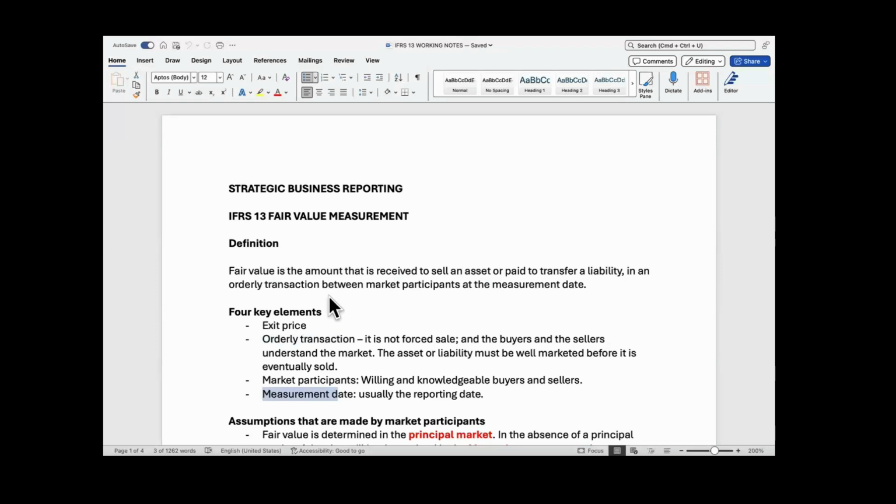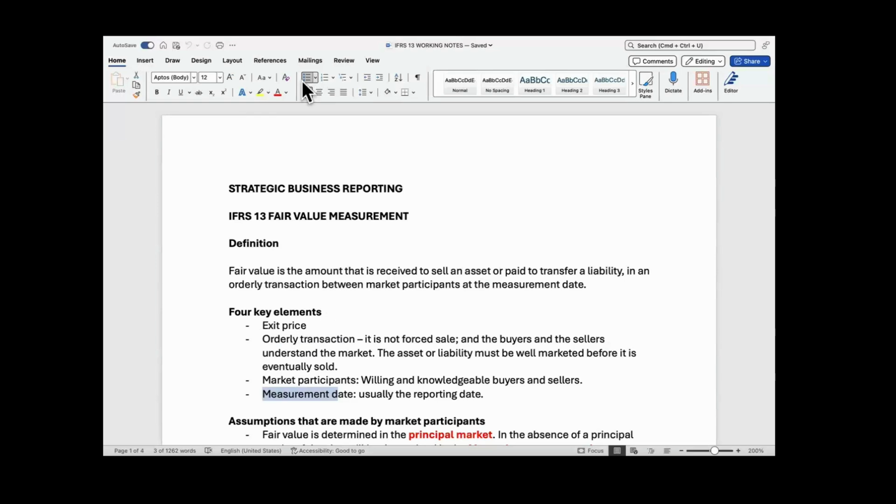I told you that orderly transaction means that the transaction is not forced, and also the asset or liability that you want to sell, you marketed it.